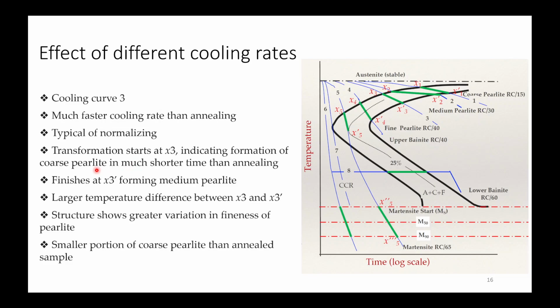It finishes at x3 dash forming medium pearlite, and because of the large temperature difference between x3 and x3 dash, the structure shows greater variation in fineness of pearlite. There will be a smaller portion of coarse pearlite than in annealed samples.